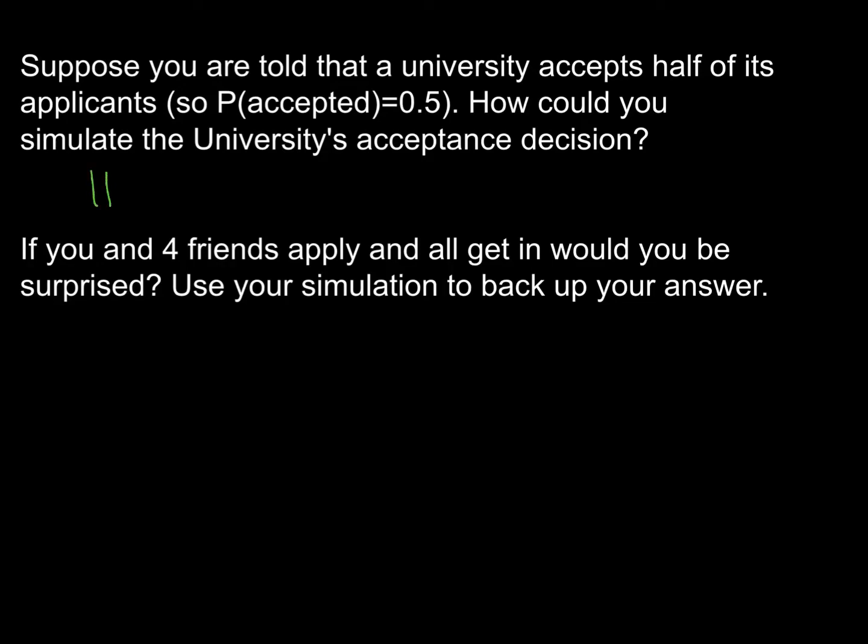Let's say you have a coin that could either be heads or tails, and you say, if you get a heads, that means that you were accepted, and if you get a tails, that means you were denied. Okay? And so you can use this to simulate whether or not someone gets into the university, right?